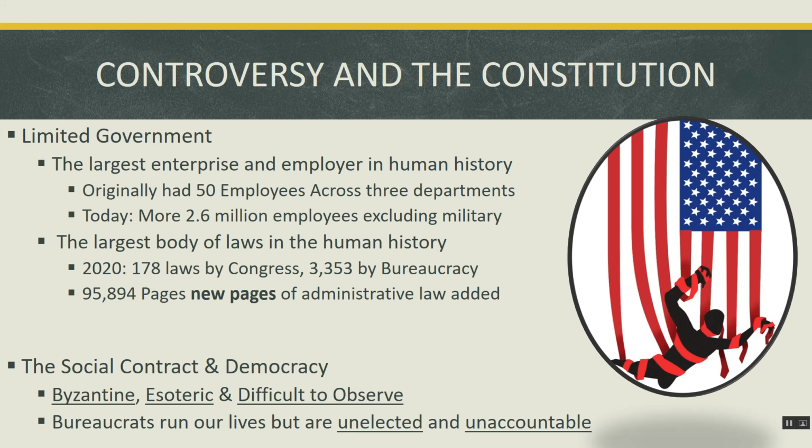In addition to violating checks and balances, separated power, and limited government, the modern bureaucracy also violates the constitutional principle of republicanism and the constitutional principle of the social contract. Because remember, the social contract theory of our Constitution tells us that the government gets its authority to make rules governing our day-to-day life from the consent of the governed.